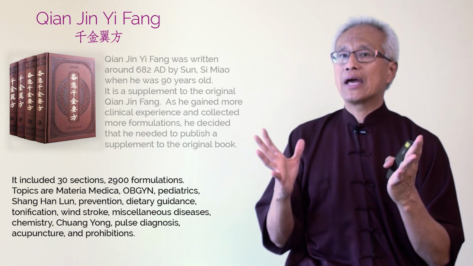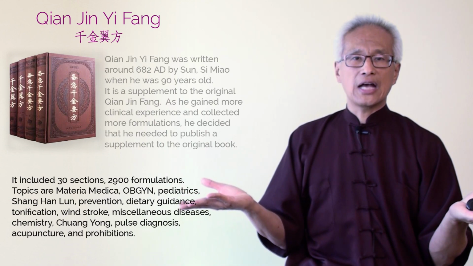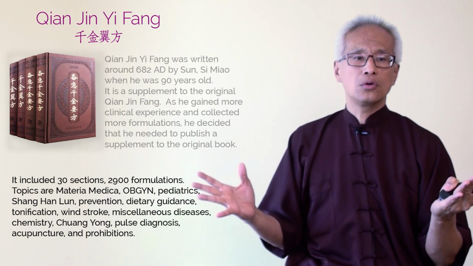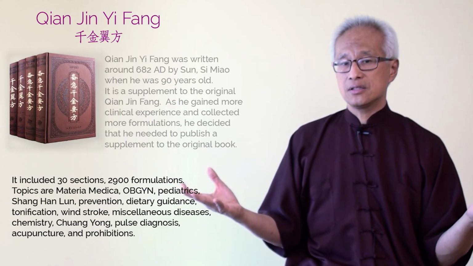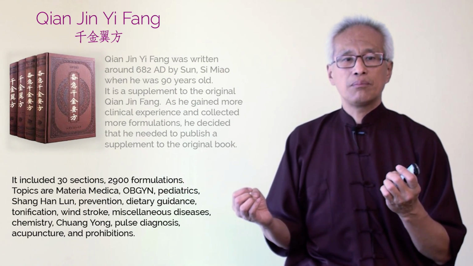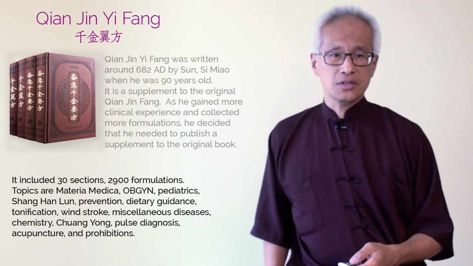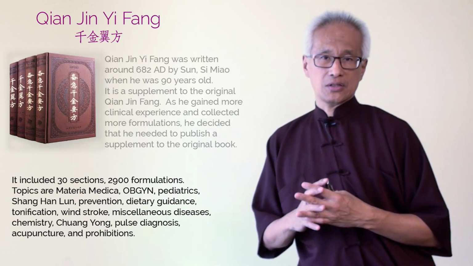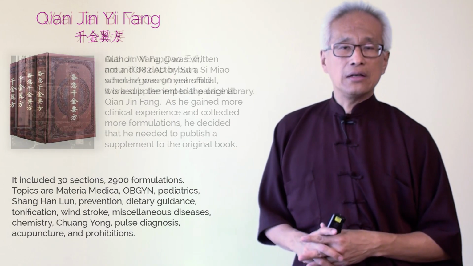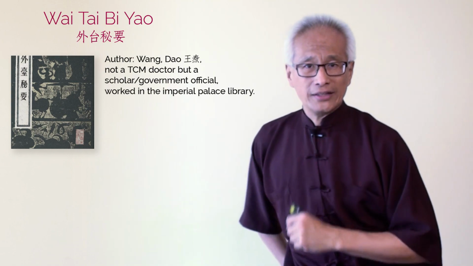Topics are materia medica, OBGYN, pediatric, Shanghan, preventive dietary guidance, tonification, wind stroke, miscellaneous diseases, chemistry, Chuangyong, post-diagnosis, acupuncture, and prohibitions. Okay, so we discuss a lot of different aspects of TCM. Now, another major publication, which is a compilation, is called 外台秘要.